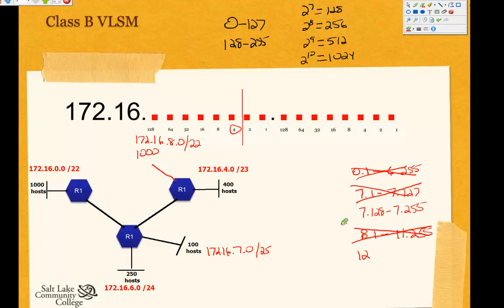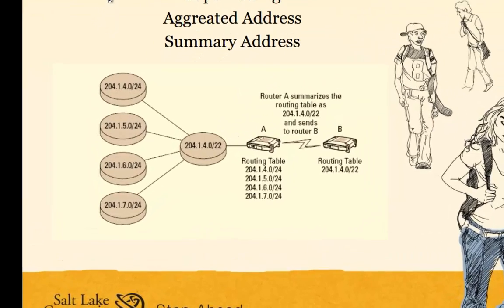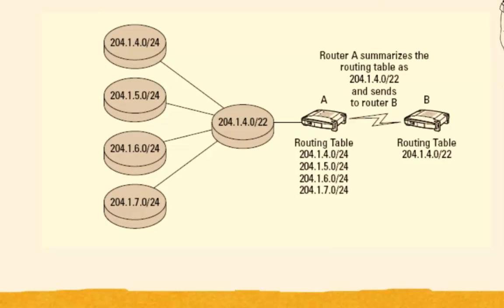Next, we're going to be moving on to route summarization. This is where we take all of these IP addresses and these network ranges that we have here and summarize them to the external route as one route. Now let's talk about route summarization.